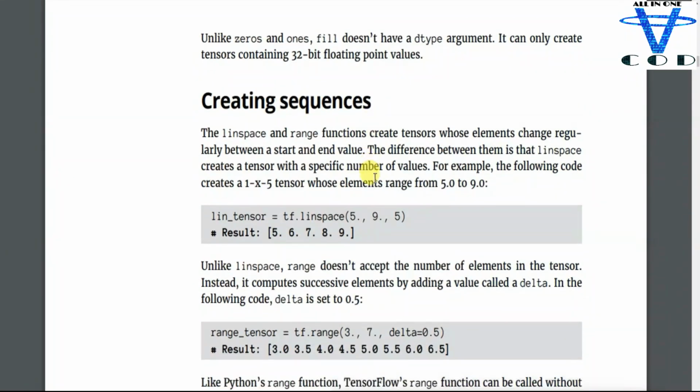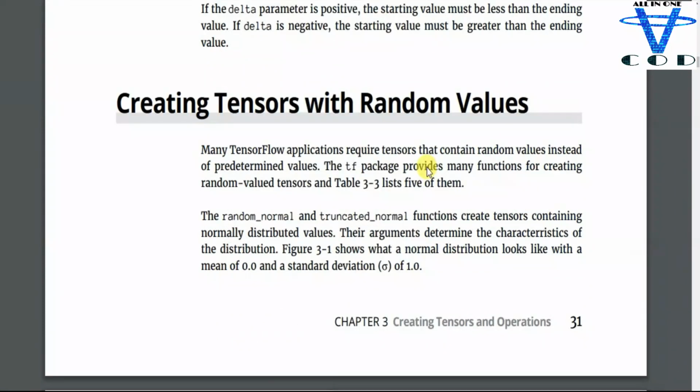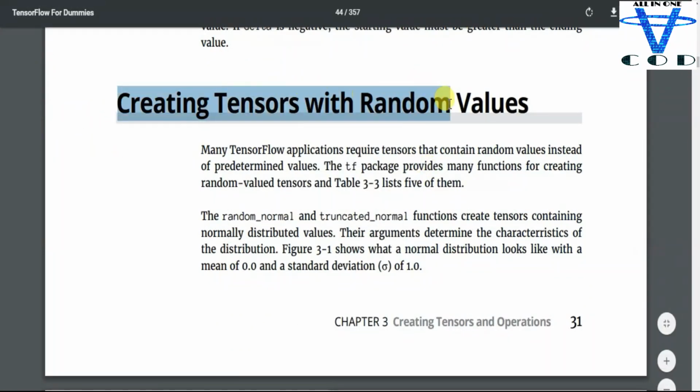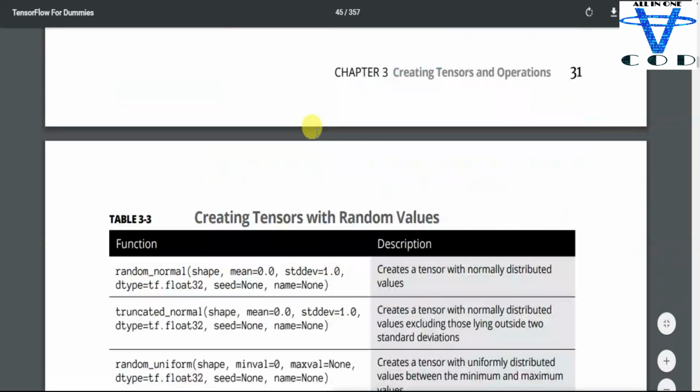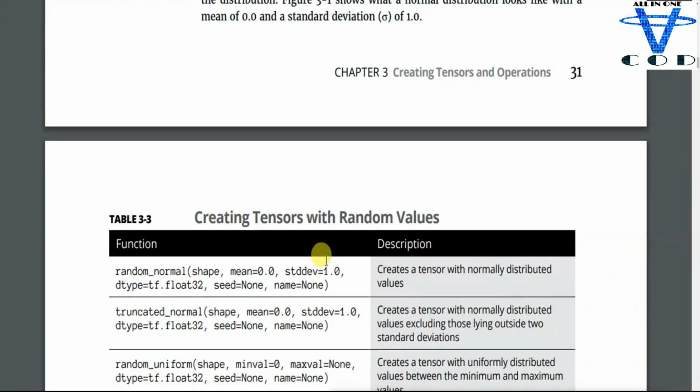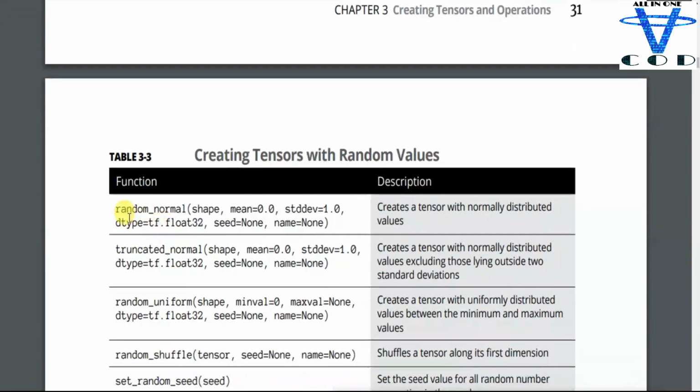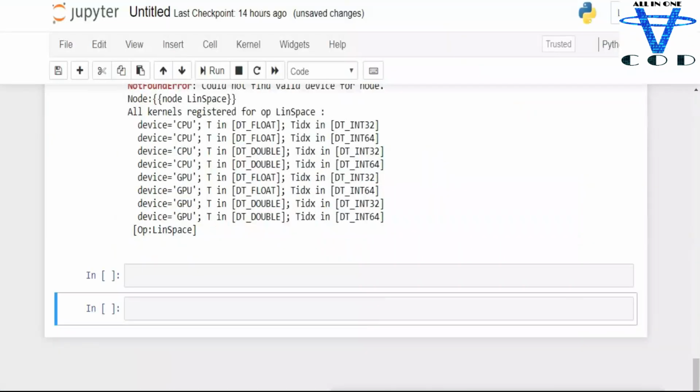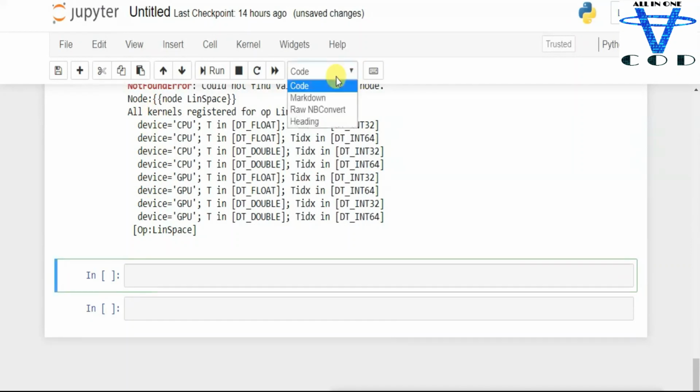Now let's create a tensor with random values. Now how to use the random function in here? It creates random values, as you'll know by its name. Okay, so let's first use the random normal function. In here I'm gonna create a markdown for randoms.